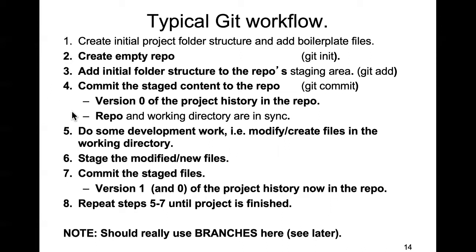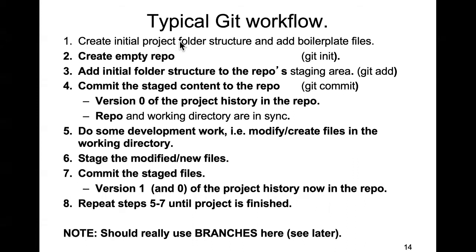This is your typical workflow when you're using Git, and this is really what you would have been doing in the unit testing lab, and indeed in the web app development labs as well, I think, actually. So initially, anyway, you create your project initial folder structure.